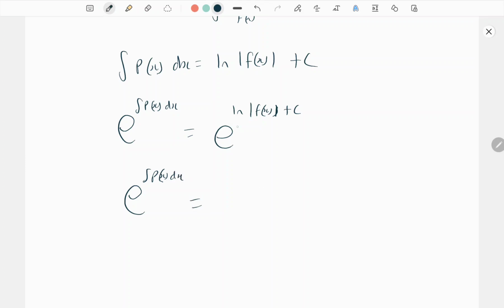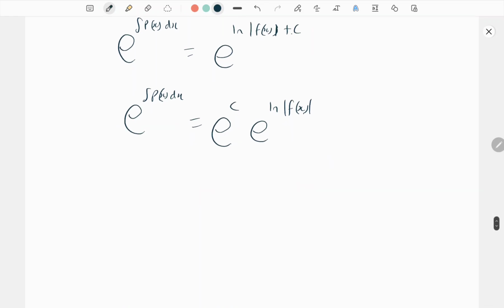We can't cancel the e and the ln because the ln is only on the f of x, so we're going to split this up. So it becomes e to the power of c, e to the power of ln f of x. Now we can cancel the e and the ln, so the left hand side is still e to the integral of p x dx equals e to the power of c. Let's just call that a, so some constant a, and the e and the ln cancel out. That's f of x.